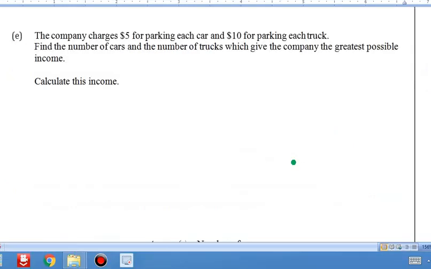The E part tells you the company charges $5 for parking each car and $10 for parking each truck. Find the number of cars and the number of trucks which give the company the greatest possible income. Calculate this income. Well, for this again we need to jot down the 3 points and their coordinates.